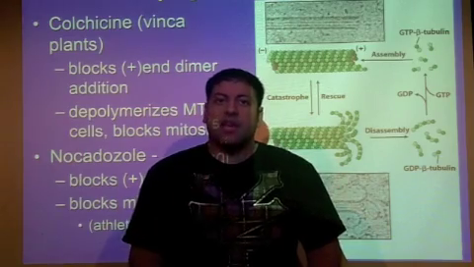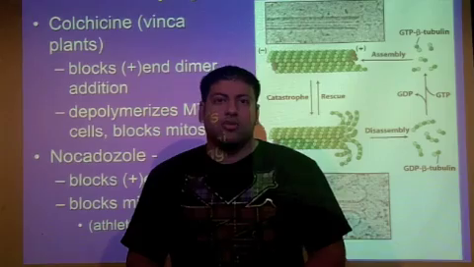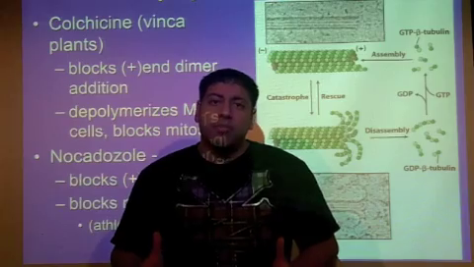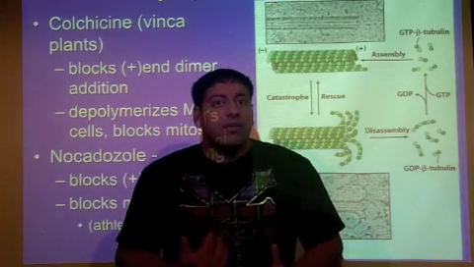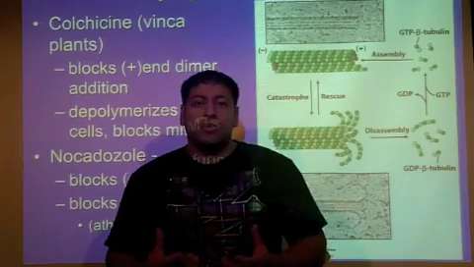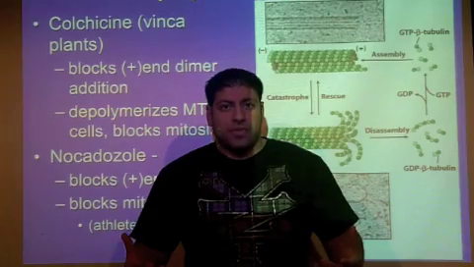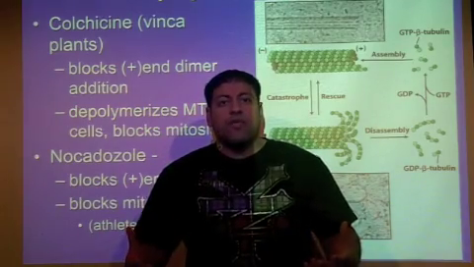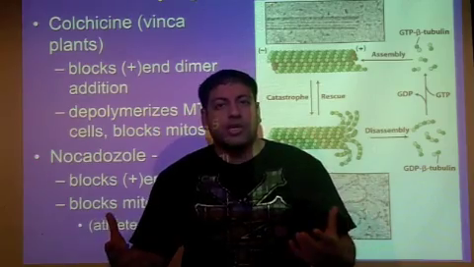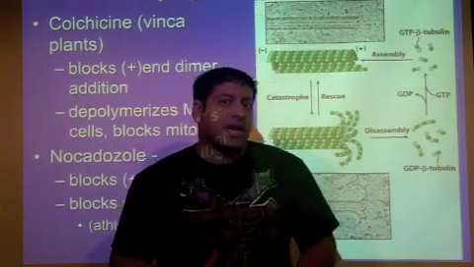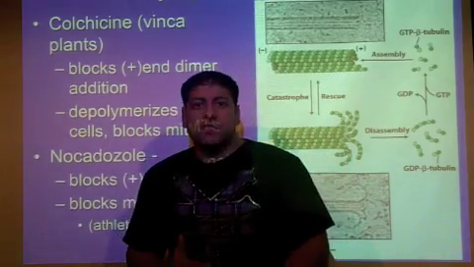Okay? Because of the various roles that the microtubule plays. It helps move vesicles, it maintains the shape of the cell, and we're going to see later on that the microtubule plays a major role in mitosis. It's responsible for pulling the chromosomes apart during the anaphase stage of mitosis, which we'll be looking at in detail in the next few episodes.